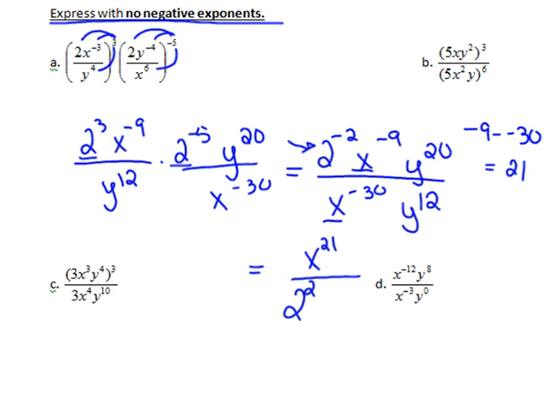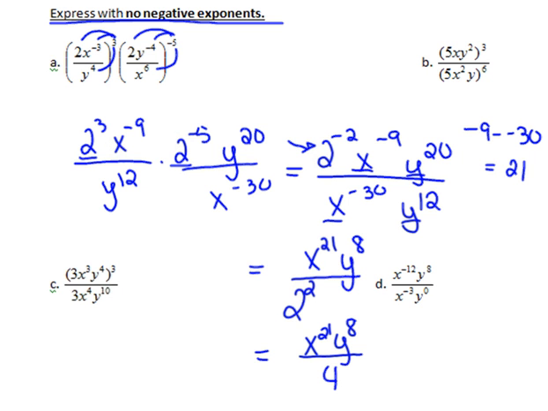So we're just taking that negative power, moving it in the denominator, and making the power positive. And with our y's, we have the same base, so again, we can subtract. We'll have 20 minus 12, and we get y to the 8th. And you can rewrite this as x to the 21, y to the 8th over 4, if that makes you happier, but either way is totally fine.